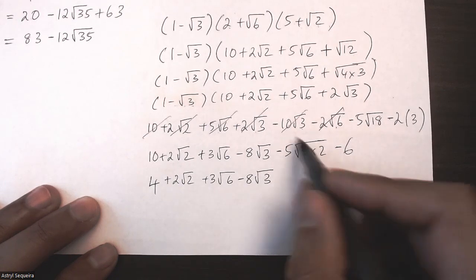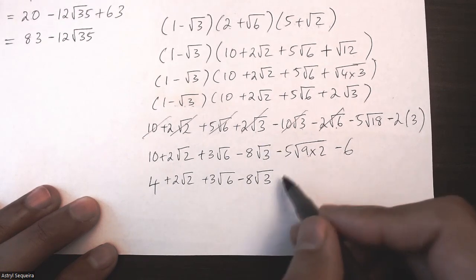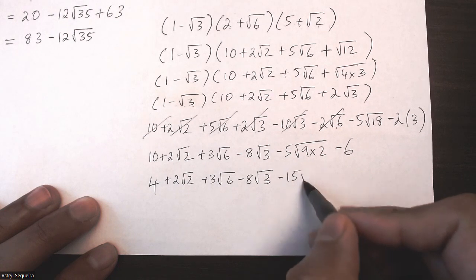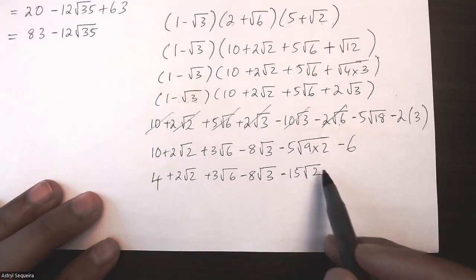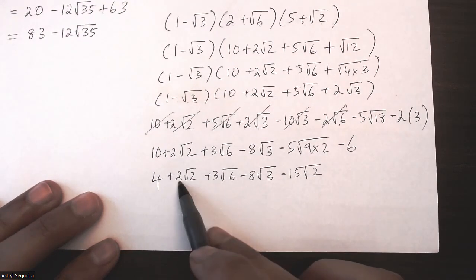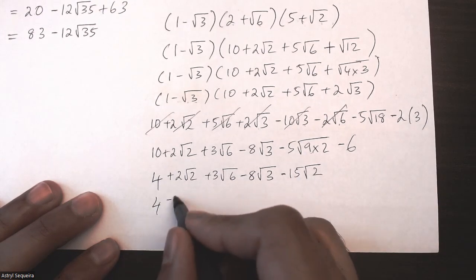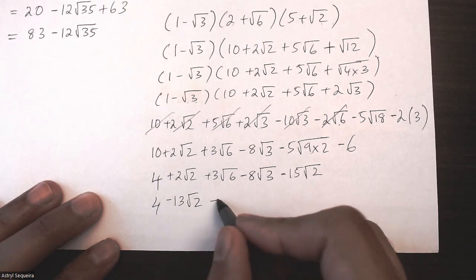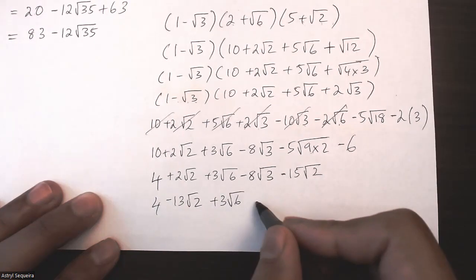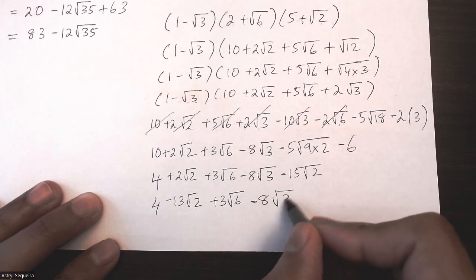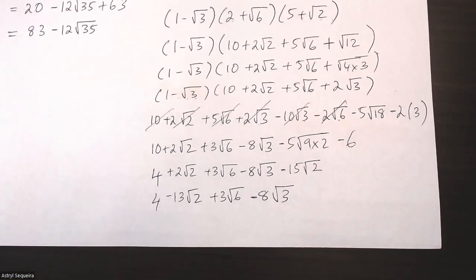And this, I'm going to bring the 9 out. The square root of 9 is 3. Negative 5 times 3 is negative 15. And now I can combine these two terms because these two are like terms. So 2 minus 15 is negative 13 root 2. And this is my final solution.